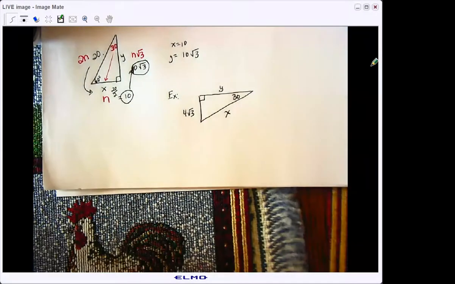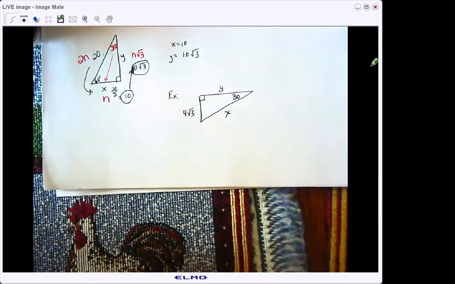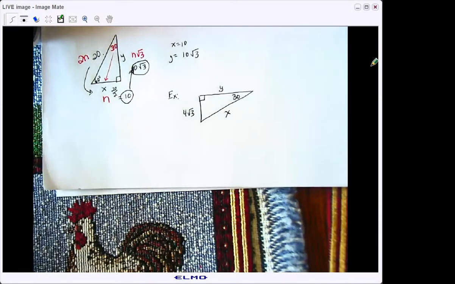Our brain is an amazing organ in that we see the 4 root 3 and we see the relationship and we're going, oh, I got this, and it's 4. But if you take a few seconds to label like I'm requiring you to, you're going to find that that's not the leg that has the root 3.